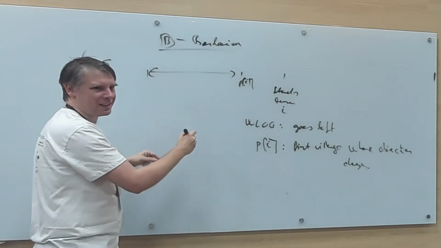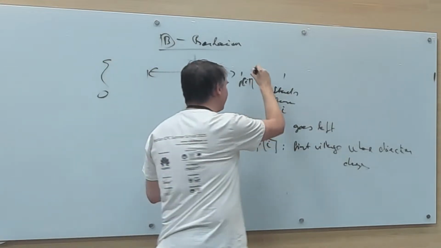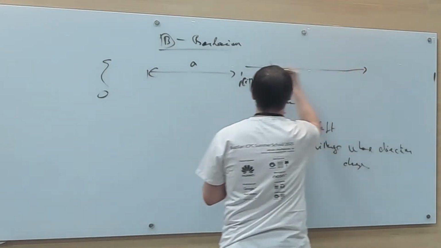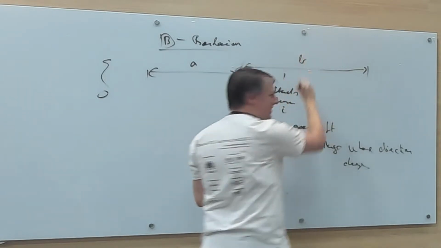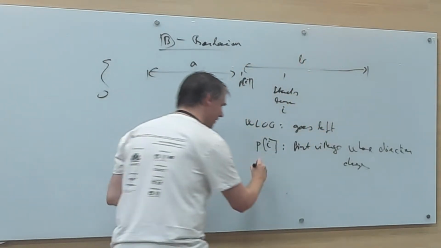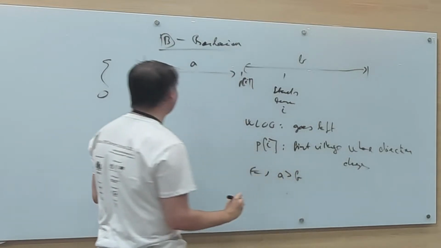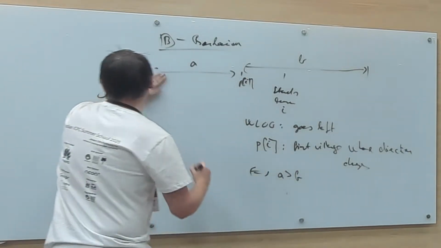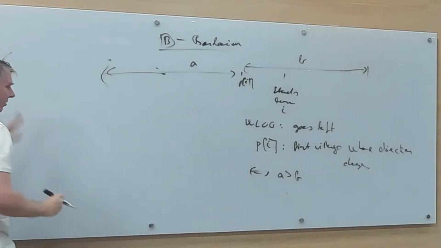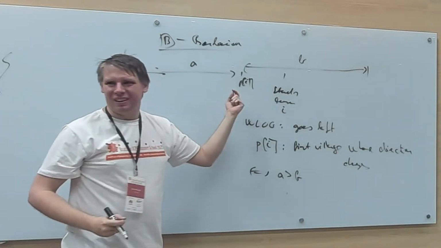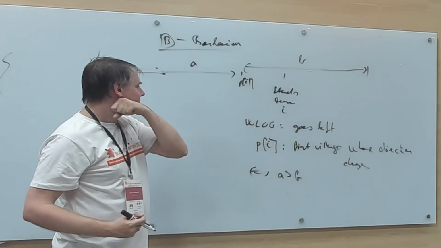So that means that this distance here, let's say A, is actually greater than, here I made a mistake, so it's greater than this distance B. So it happens if A is greater than B. Okay, something like this.